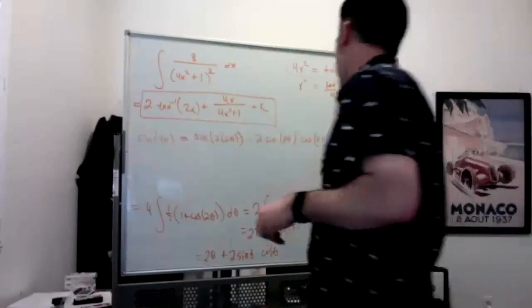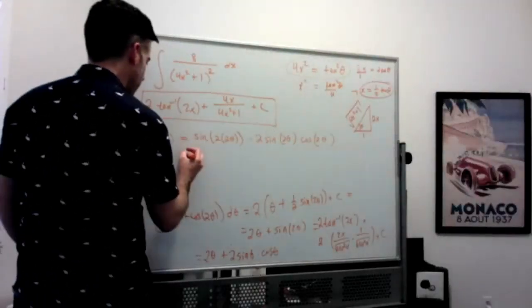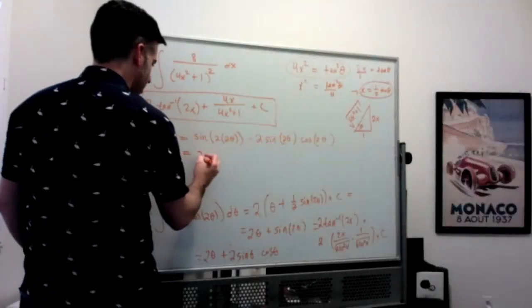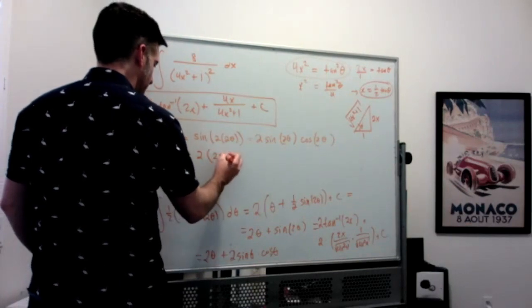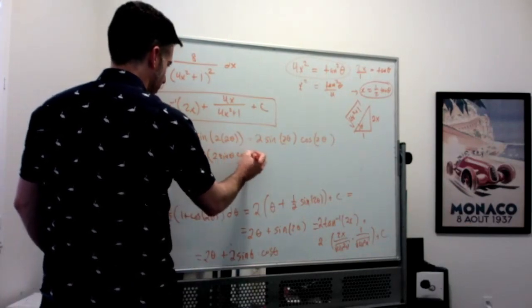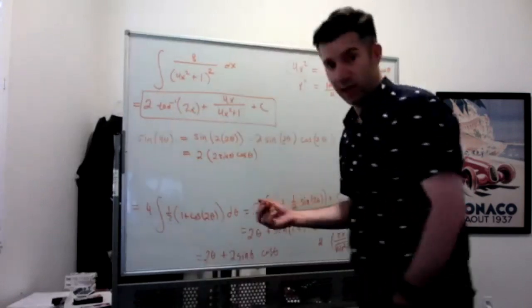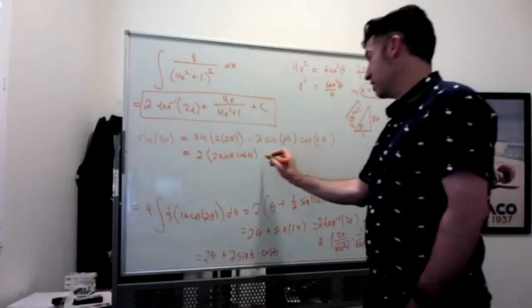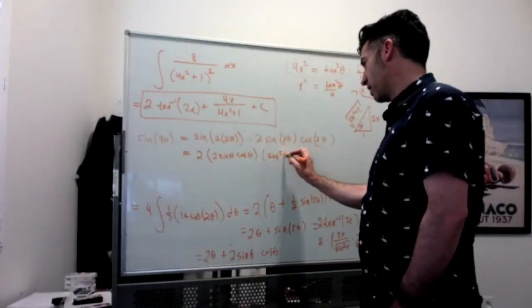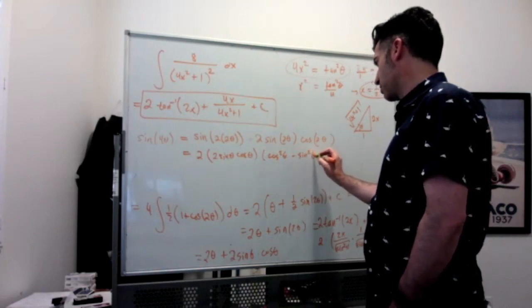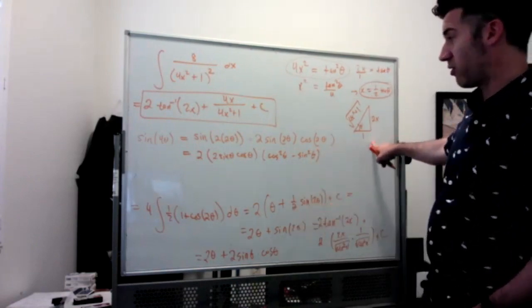Okay, that one's fine. Then we would say, well, sine of 2 theta is 2 sine theta cosine theta. And cosine of 2 theta, one of the trig identities for that, is cosine squared theta minus sine squared theta. And then you would use this triangle for each of those things.